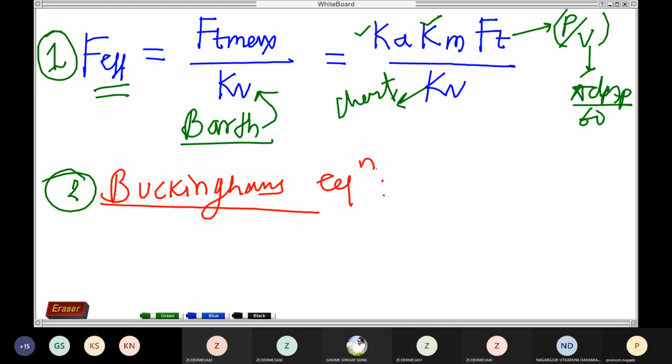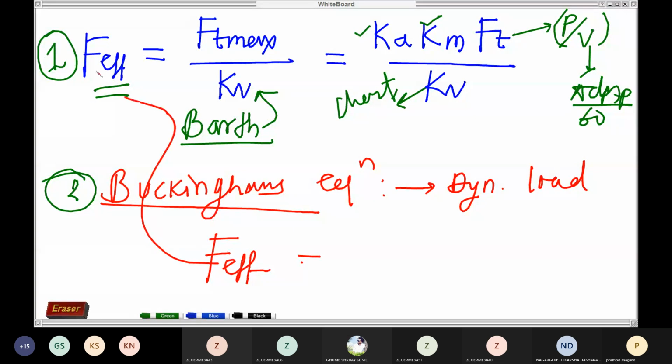Now this Buckingham's equation is suggested for dynamic load only. Dynamic load. So in that, again, for dynamic load, it means we need to calculate effective load, and this effective load can be different as compared to this velocity factor. But we have to calculate the effective load on the basis of Buckingham's equation.